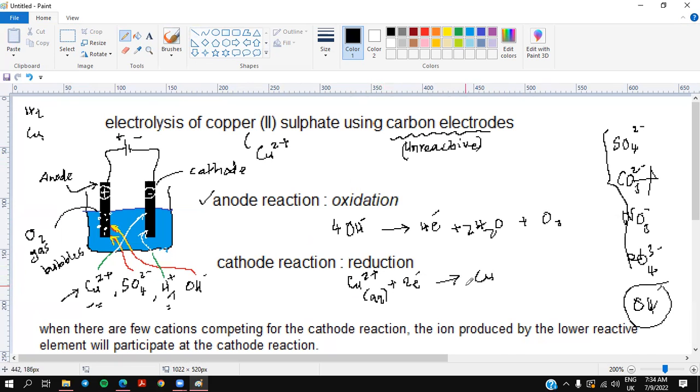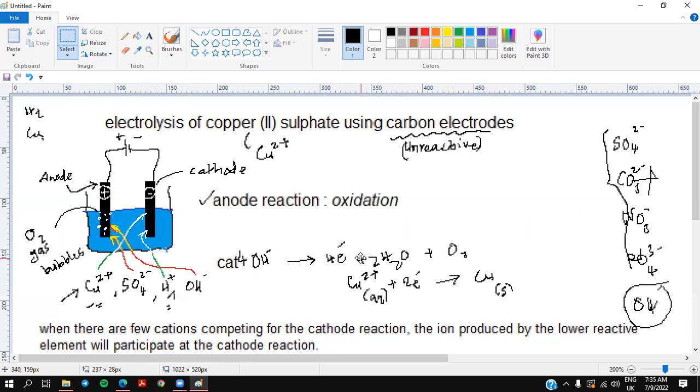Copper 2 plus is aqueous, and copper is solid. What's the meaning of it? From the solution, copper ions go to the cathode and deposit on it in the form of metal. The color of copper metal is reddish brown, or you can say pink.